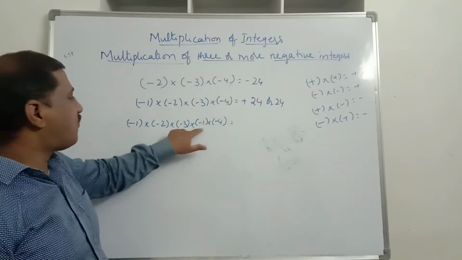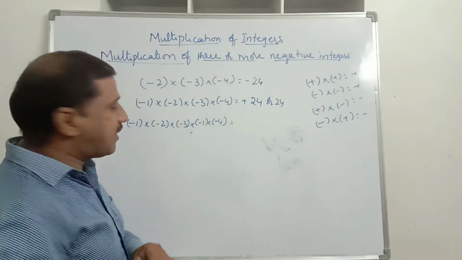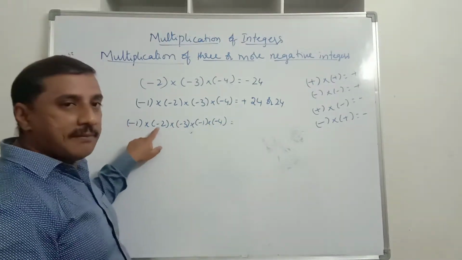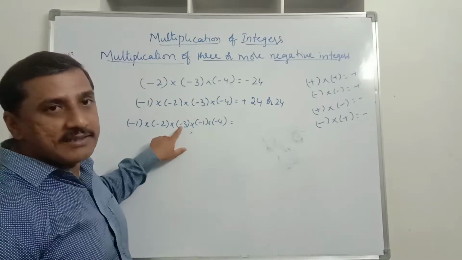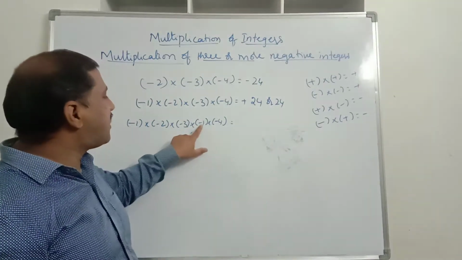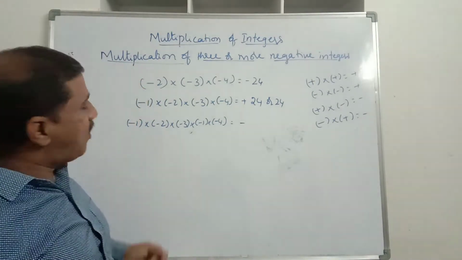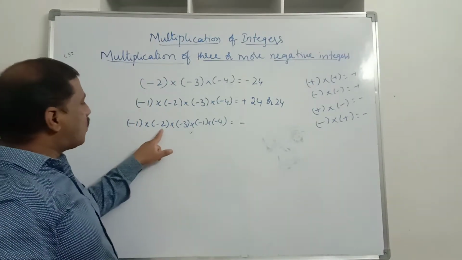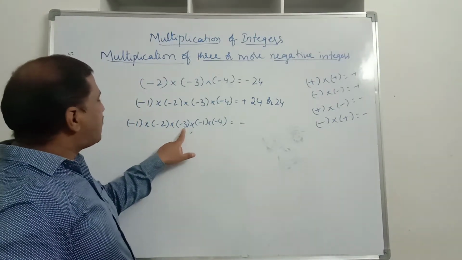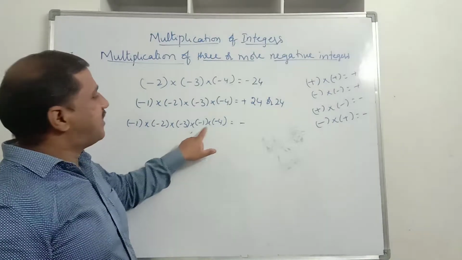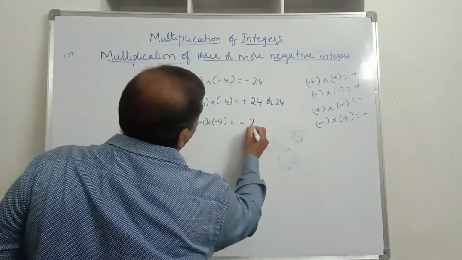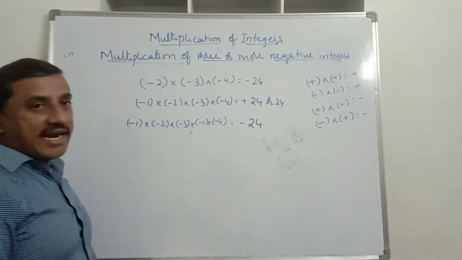What do we get as the product? Minus into minus, plus, plus into minus, minus, minus into minus is plus, plus into minus it is minus. Now multiply the numbers. 1 into 2, 2, 2 into 3, 6, 6 into 1, 6, 6 into 4, 24. Again we got a negative integer.